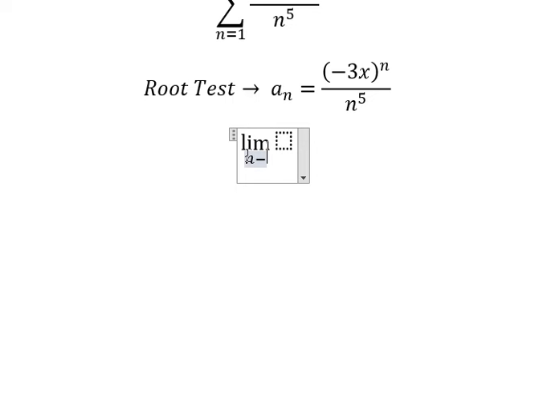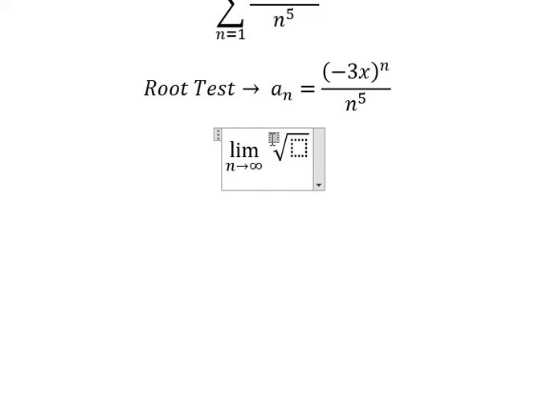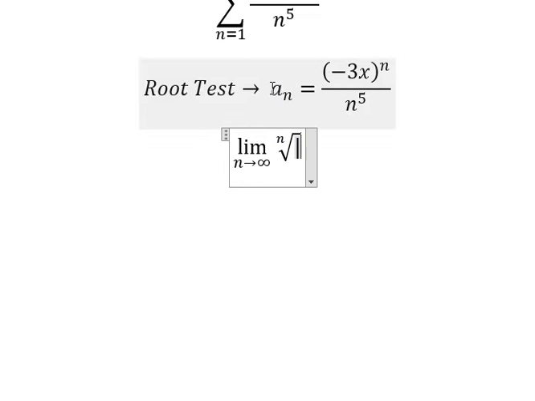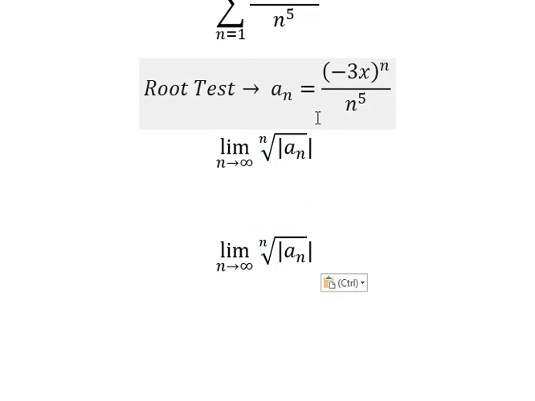When n approaches positive infinity, we have the nth root of the absolute value of a_n. So we change a_n into this one.